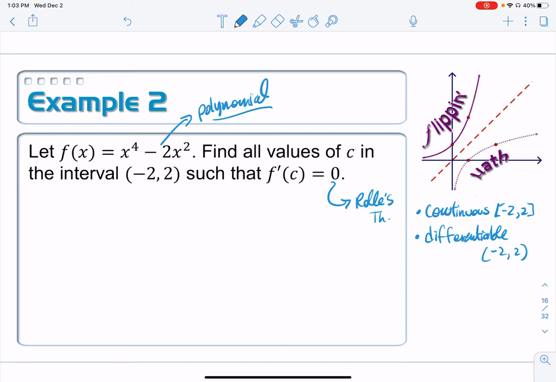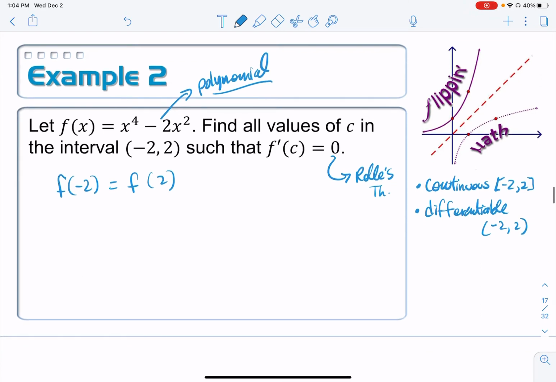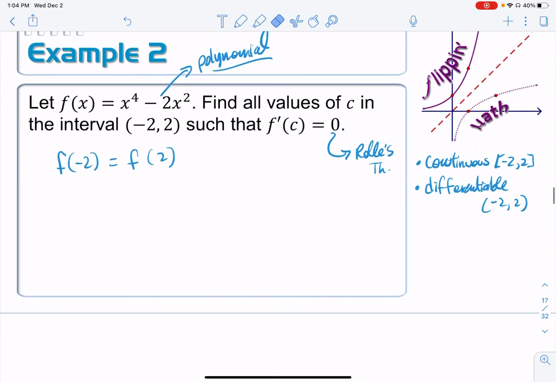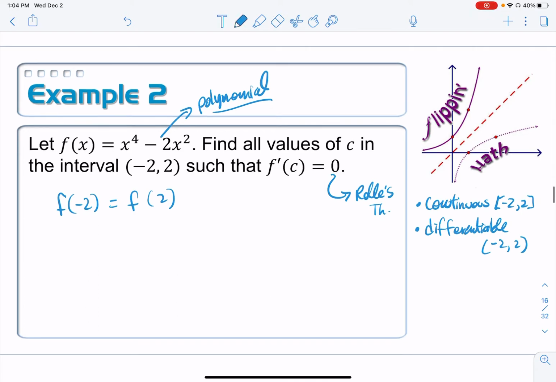There's one more condition. We have to make sure the endpoints are the same. In other words, I need to show that f of -2 is equal to f of +2. And you know what I'm going to do? Because it's one of my favorite things to do, synthetic substitution. Let's see what these y values are supposed to be.